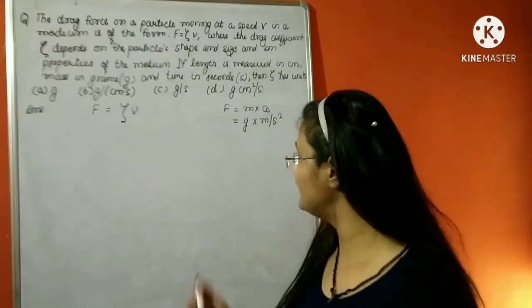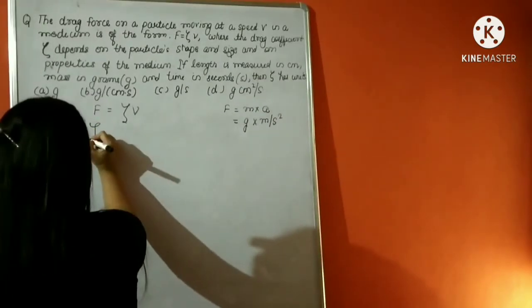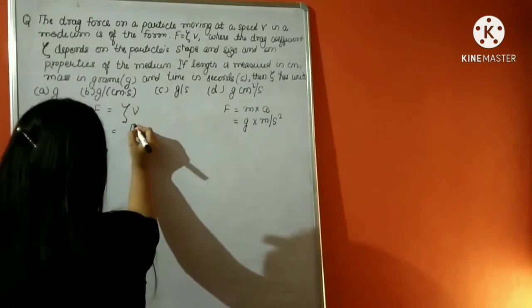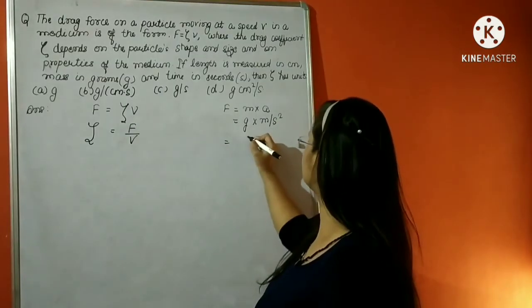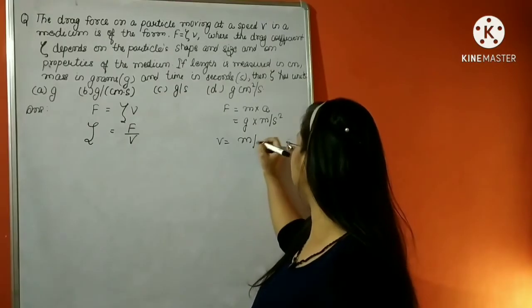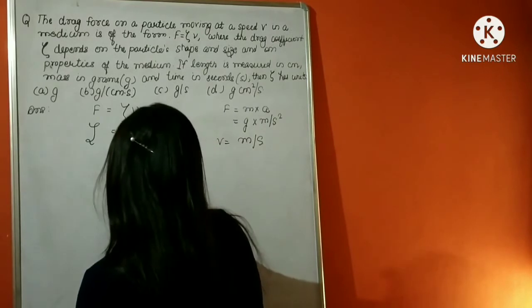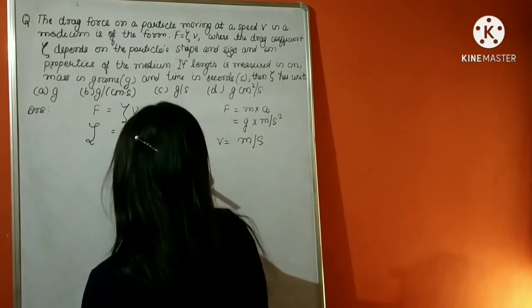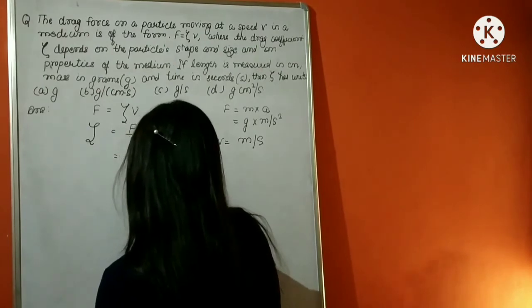So now we can easily find out units of drag coefficient. Let me write it over here. So it will be F by V. Now velocity also has a unit as meter per second. Now we will write it over here. So gram meter per second square by meter by second.